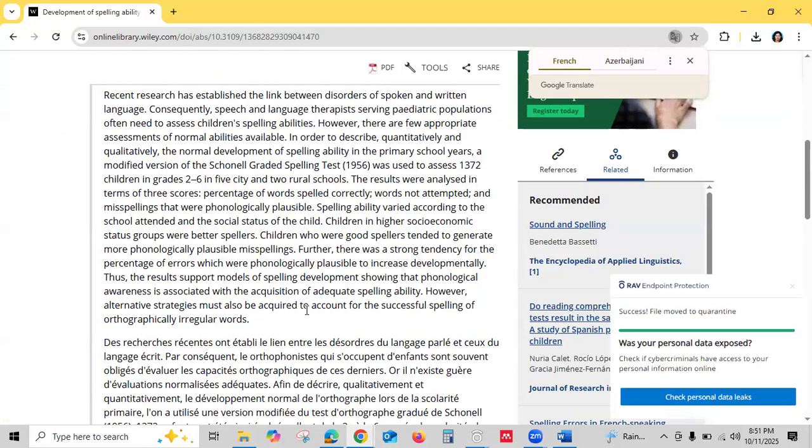Right. So like that, you can identify now here.